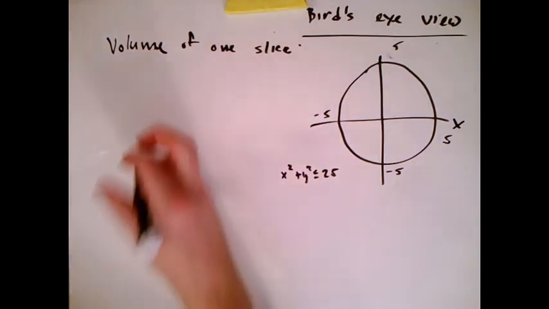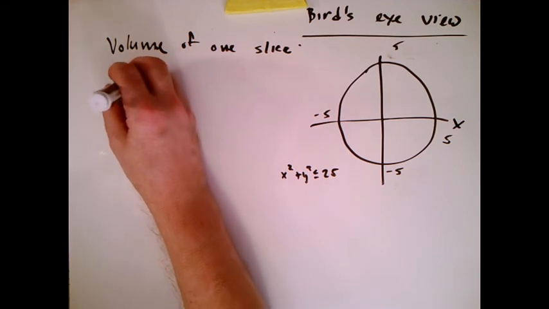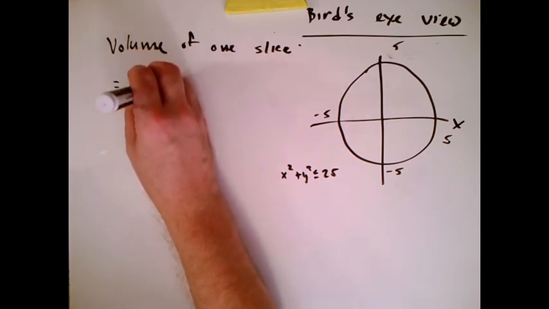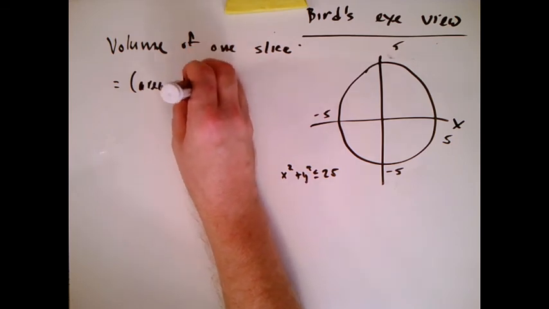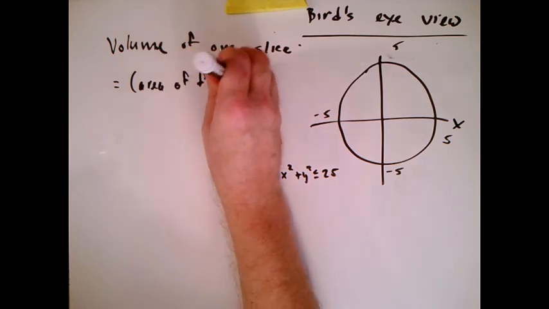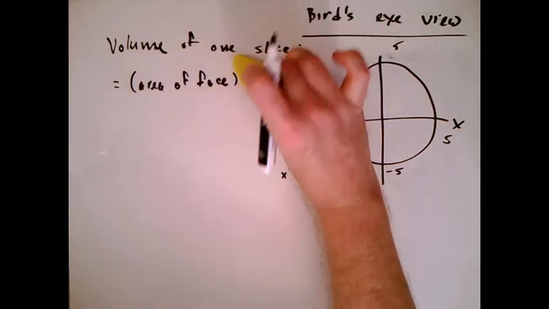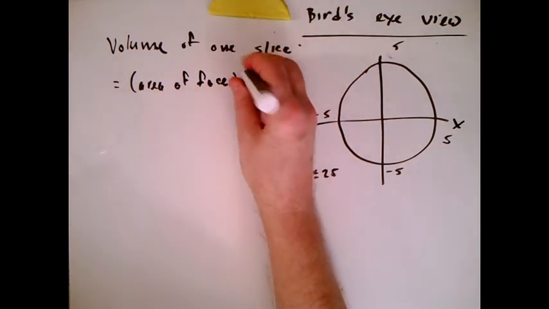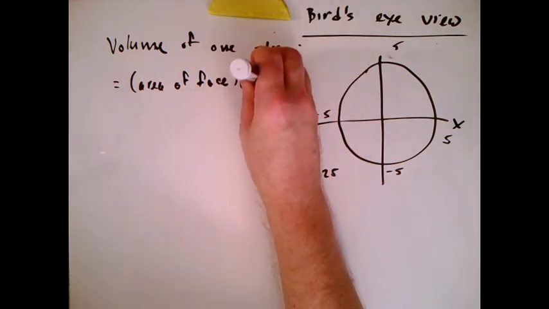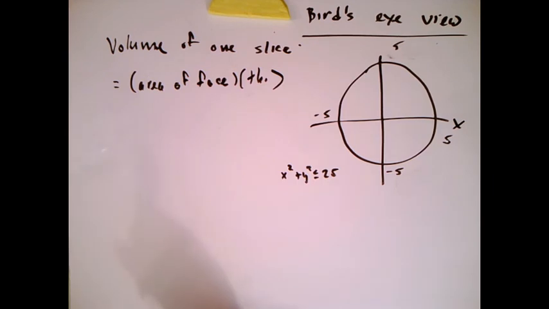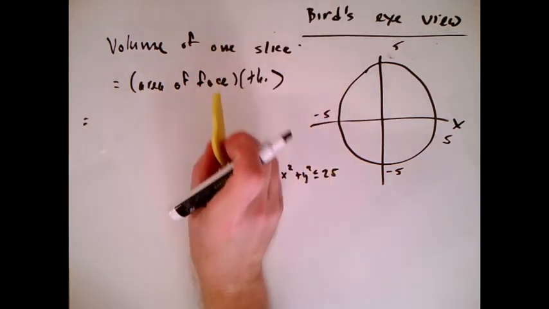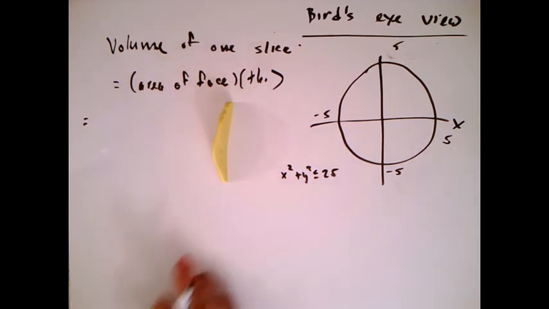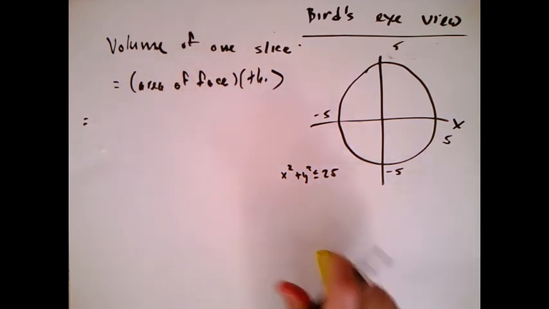And again, like last time, it's going to be the area of the face, or at least approximately the area of the face. Because remember, this always allows a little bit of lying. I'm saying that the front and the back of this have exactly the same area, which they don't, times the thickness, which I'm just going to call TH. Now, we sliced like this, and you can see that the thickness is delta x.